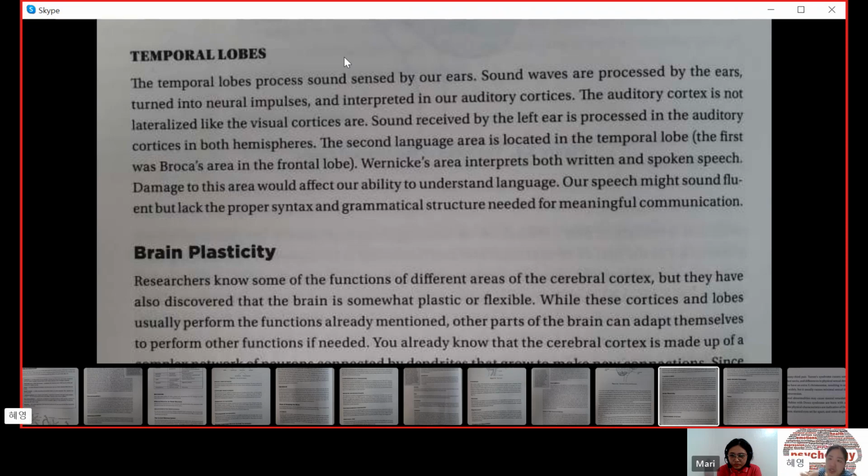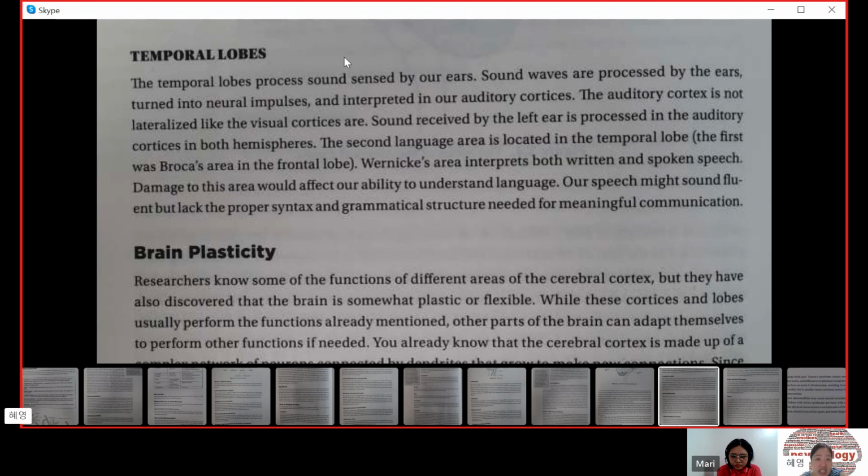The auditory cortex is not lateralized like the visual cortex. Sound received by the left ear is processed in the auditory cortex in both hemispheres.